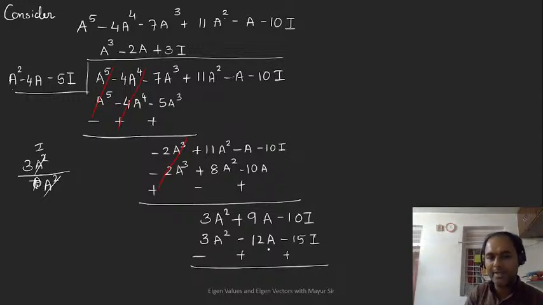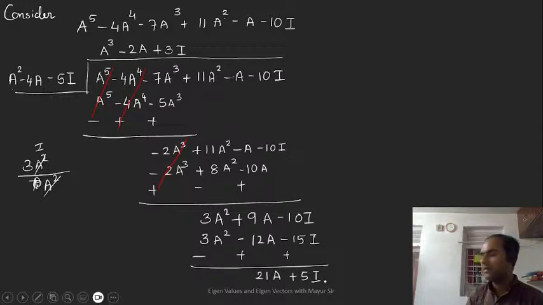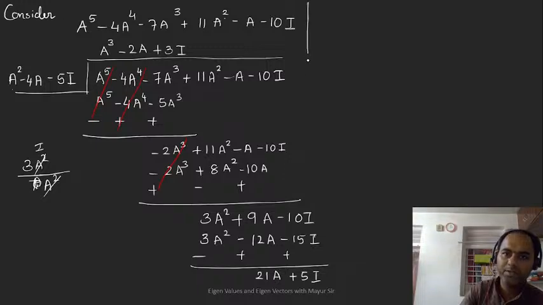It is 9 and 12, that gives you 21a, and then there is plus 5i. Okay, this is what we get. Now we go further.